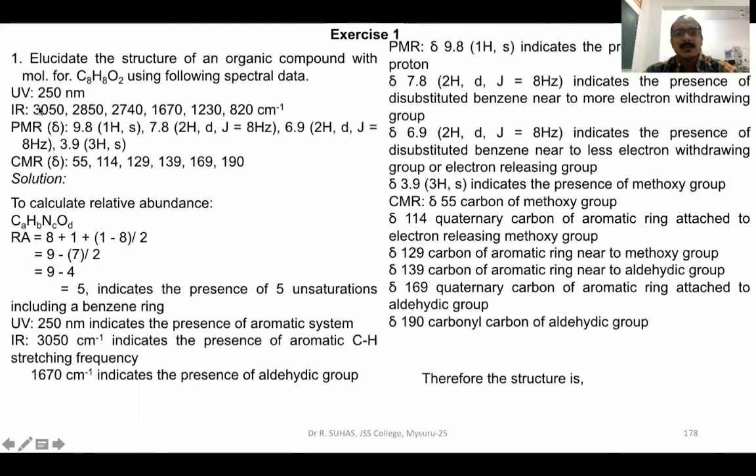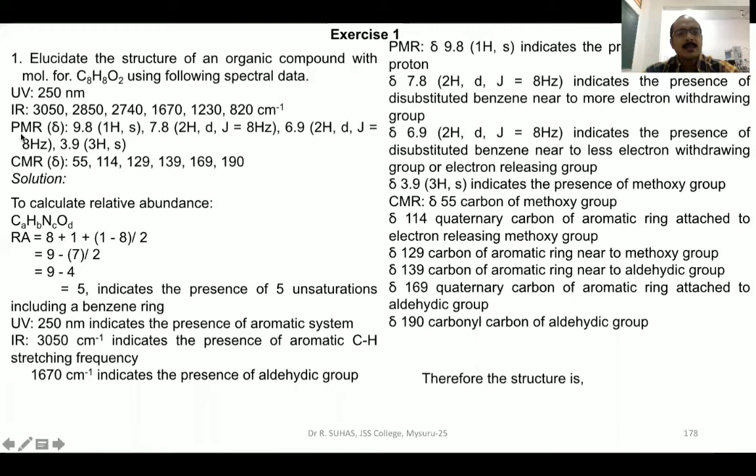Only the characteristic group frequencies you have to identify. 3050, definitely it will be CH stretching frequency. 1670 may be aldehydic, we are not so sure. Whereas below 900 or 1200, you can really omit because it is from the fingerprint region. You don't have to worry much in many cases.